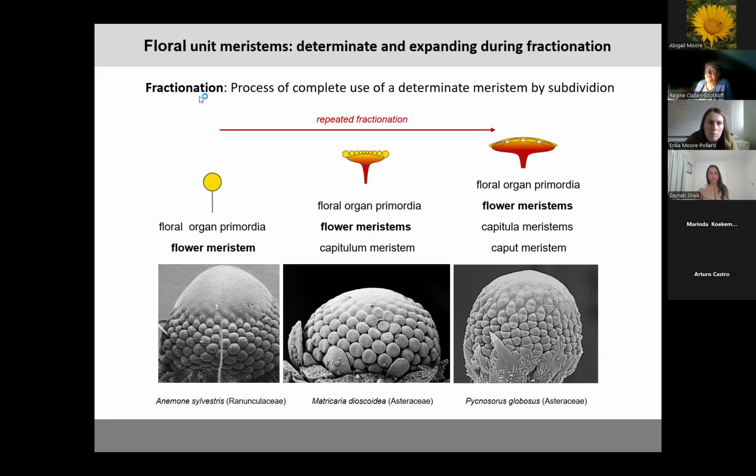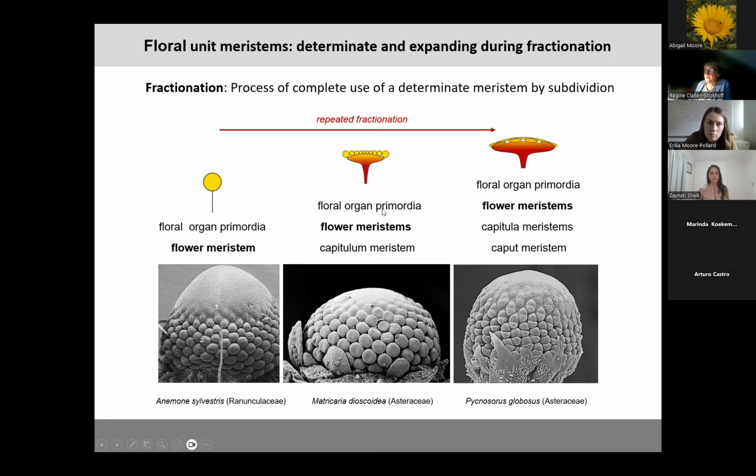And the process of subdivision of such a determinate meristem is called fractionation. This is the process which completely uses up a determinate meristem and fractionates subunits.